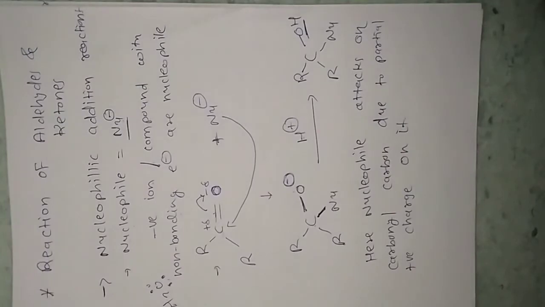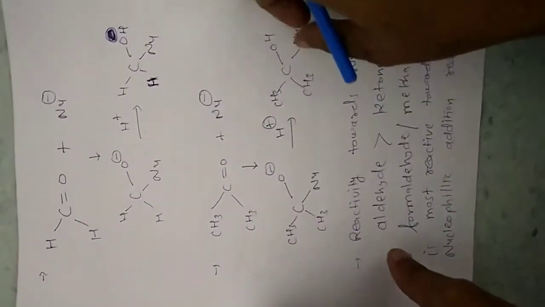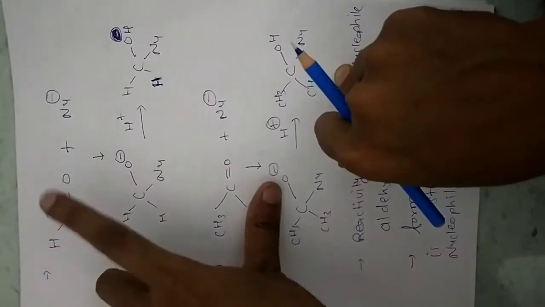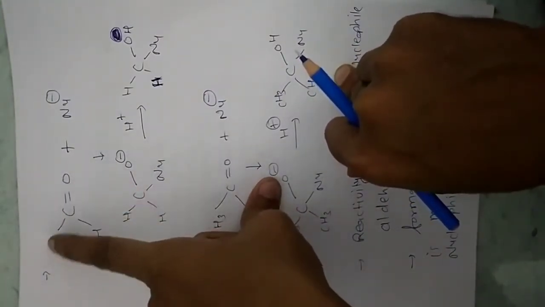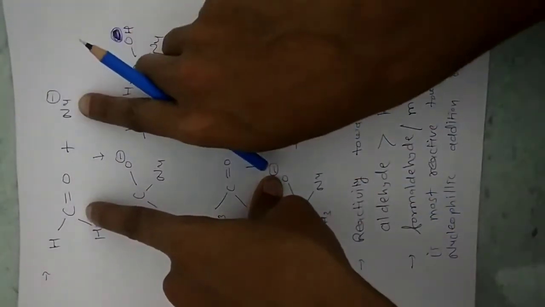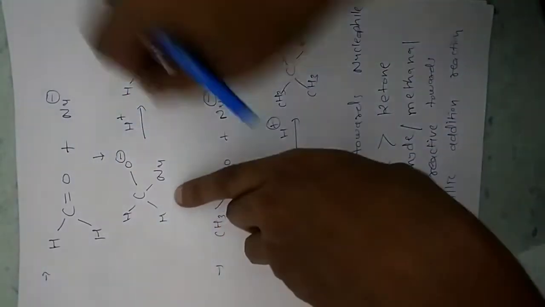Now here one thing is very important. Look at these two reactions. This one is an aldehyde group, HCHO. The CHO group is there, so it is an aldehyde. When it reacts with a nucleophile, the same reaction you have to follow.